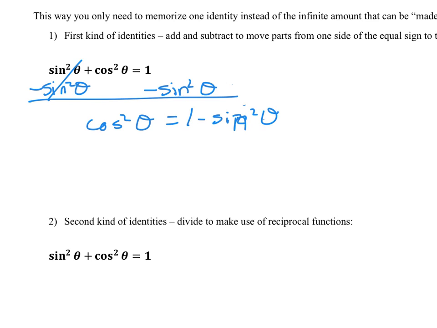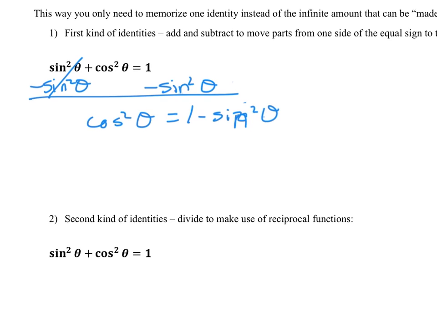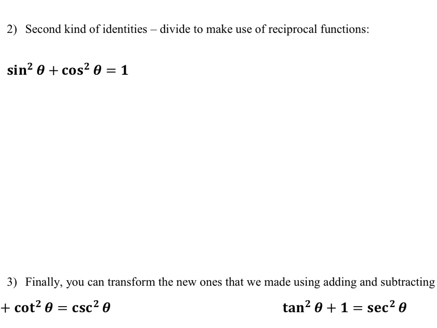Okay, so those are a couple other ones. Now, you don't technically have to memorize it, but you do have to know how to get it from there. So you could know that cosine squared is 1 minus sine squared, or you could know this one, and if I can subtract, those kinds of things. The other kind that you can do is dividing.